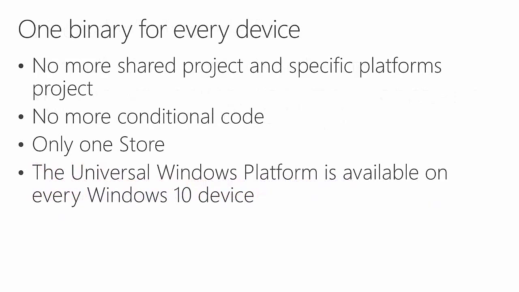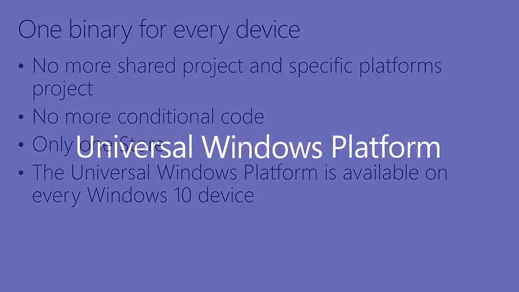With this new approach, as we have already mentioned before, we have one binary, so you don't have anymore to submit different binaries on different stores, but you have one single binary that runs on every device. So you don't have to use any more conditional code, and the store is unique, and this will help you as developers to maintain all your applications in an easier way.